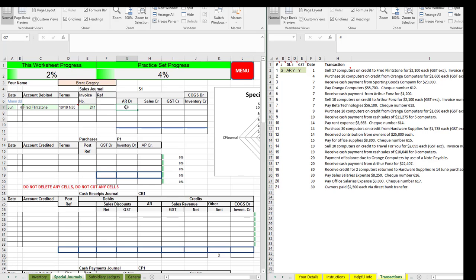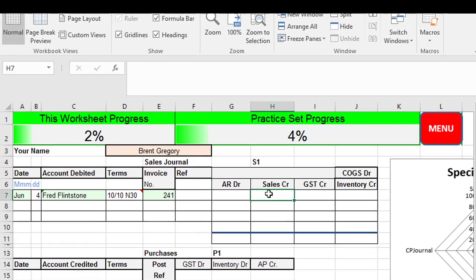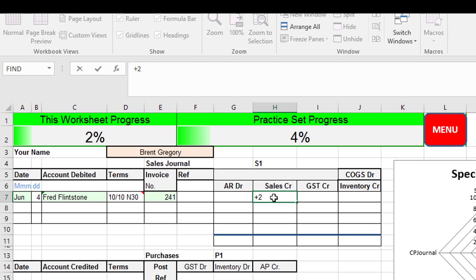Now we've got some challenging things. Let's work out the sales first. We've sold 17 computers at $2,100. That's the unit price. Now we've got to add GST to that. GST is at 10%, so we can either divide by 10 or multiply by 0.1.